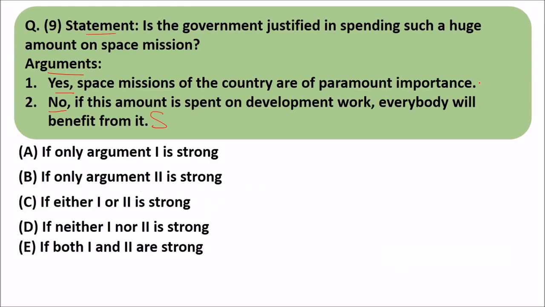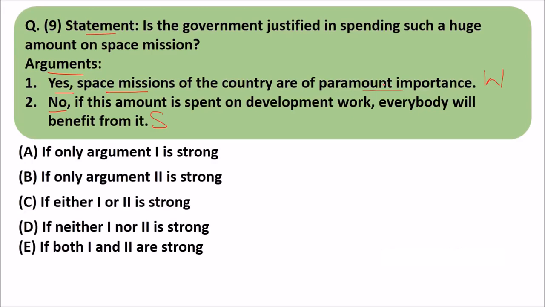But actually the first one is a very weak argument. Why? Because in the second one they have given development work, everyone will benefit from it. But in the first sentence they have just given that space missions are of paramount importance. They have not given any fact or evidence of how space missions are important and how they will help others.